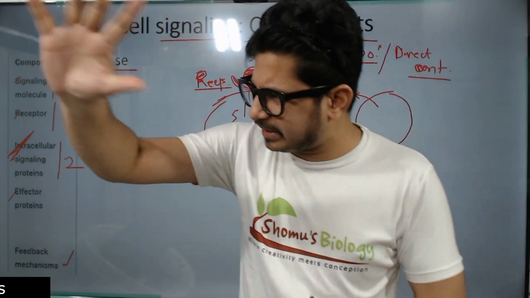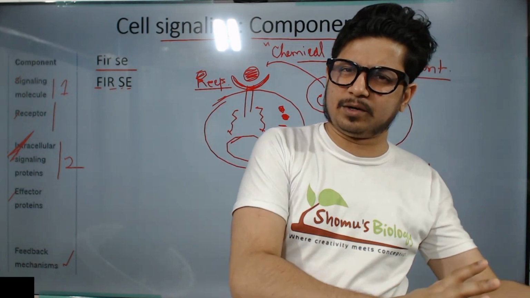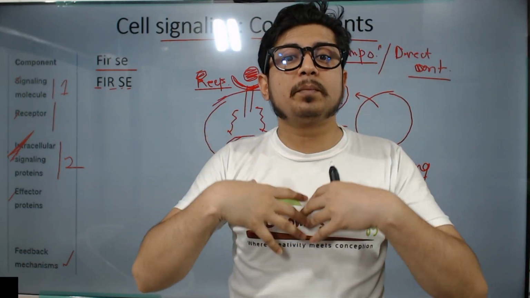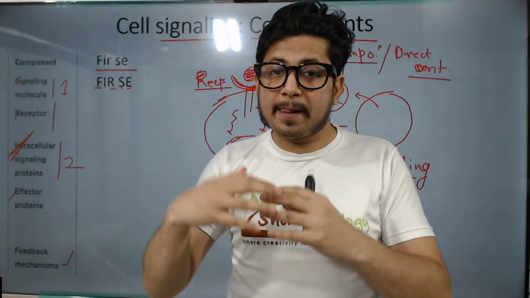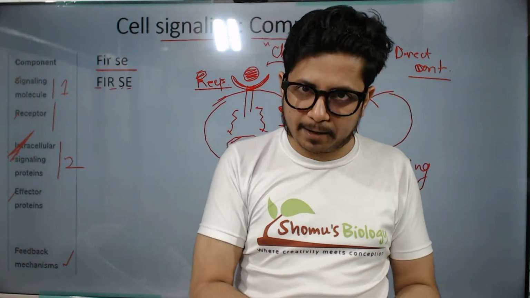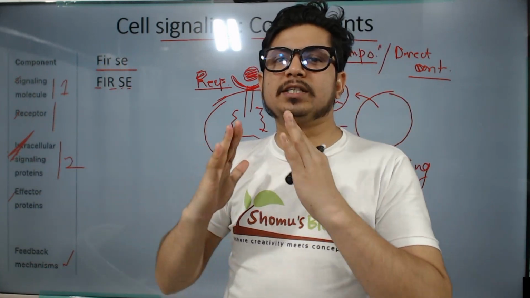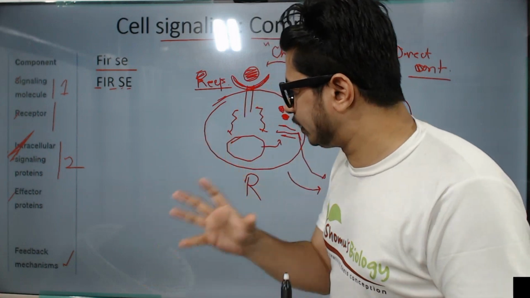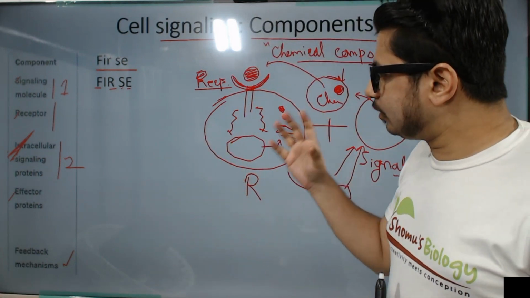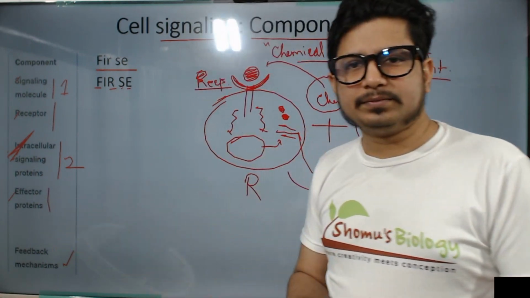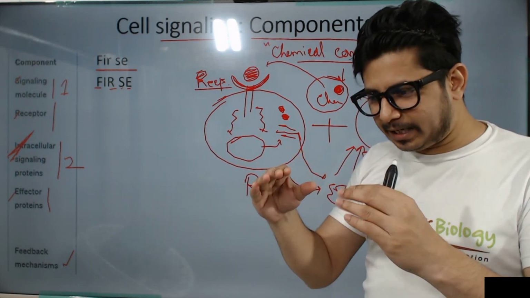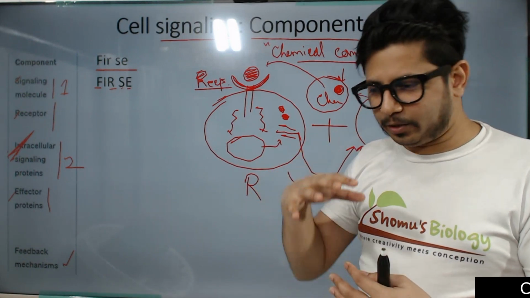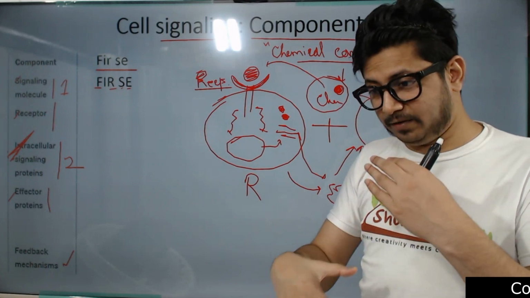Ultimately, the goal is to produce specific proteins in response to a particular signal. That specific protein is known as an effector protein, because it is going to show some effect. It affects how the cell behaves and functions.